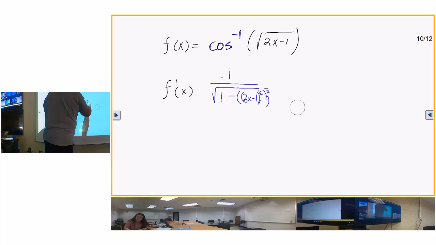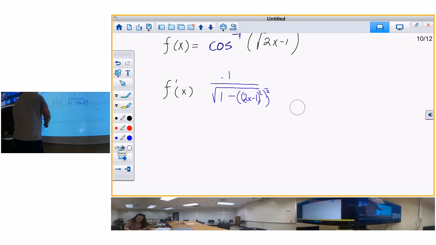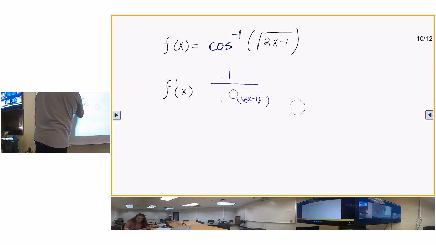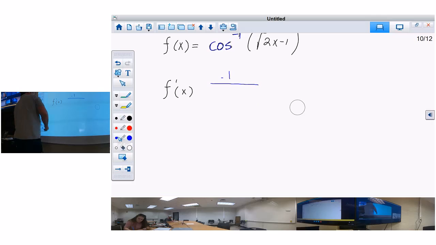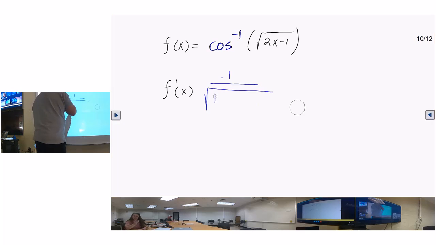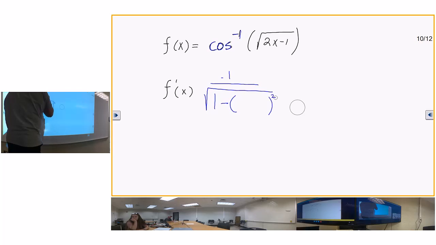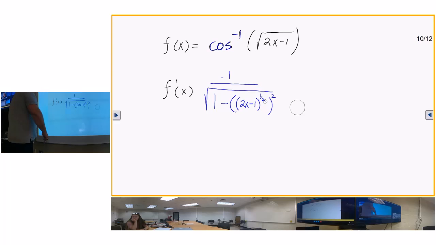So it's 1 minus parentheses squared, and inside the parentheses is 2x minus 1 to the 1/2 power. There we go. We're cooking with peanut oil now.